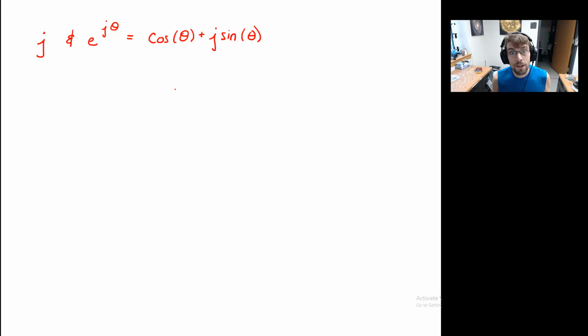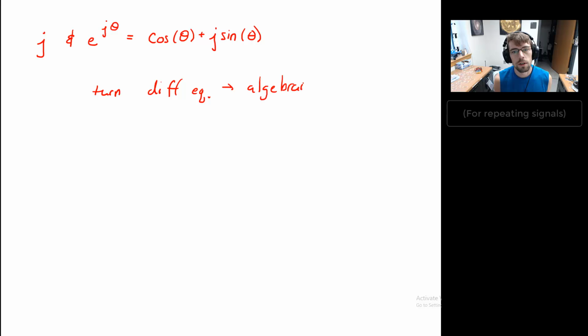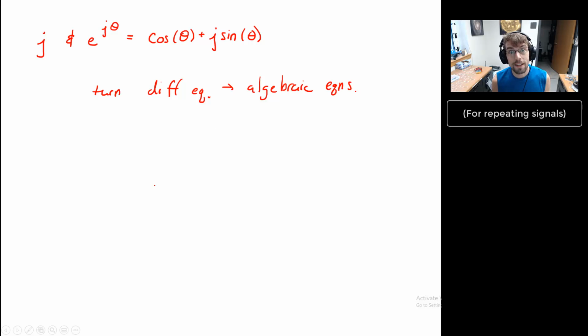And then the fun thing is that when we use this to turn differential equations into algebraic ones, the advantage to doing that transformation, if you will, is that then we'll find that our matrix techniques again apply.